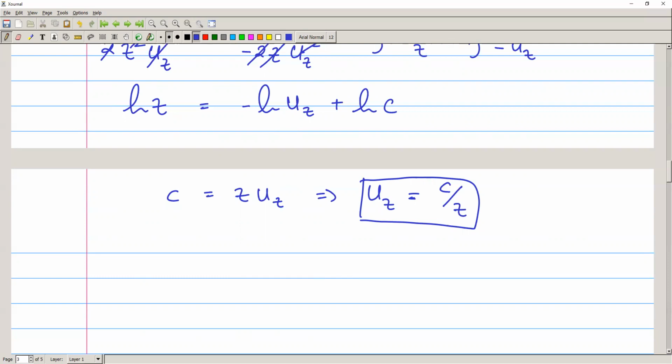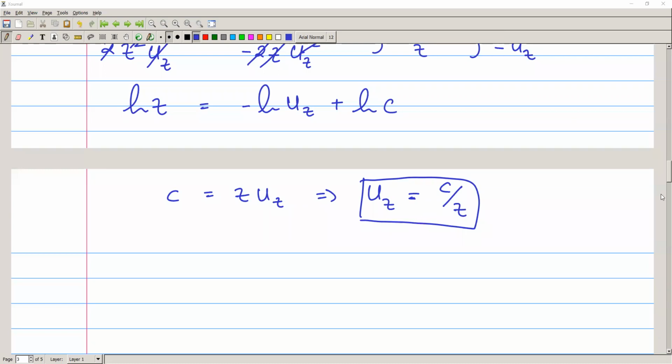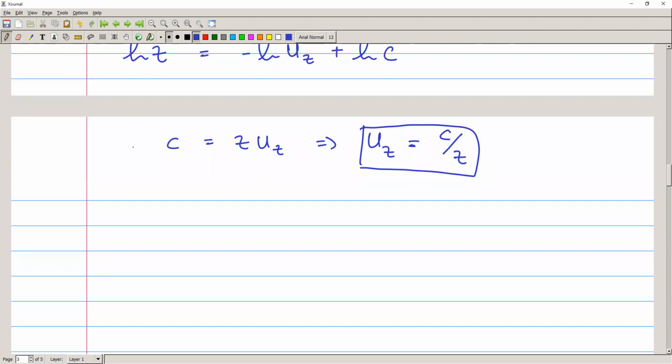So the next step is, now we have to take this form du is equal to ux dx plus uy dy plus uz dz. So we'll write ux.